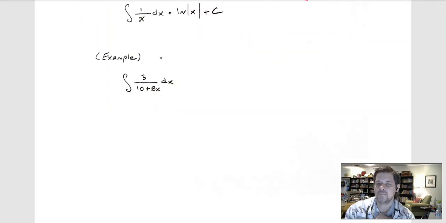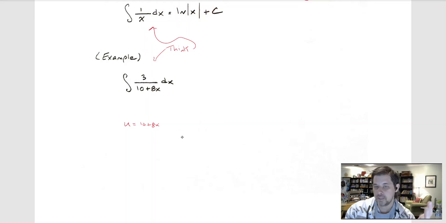So I'm going to think that this rule up here is the one that might work. In order for this to be simplified enough so that that rule applies, my substitution would need for u to be this thing there under the bar. So let's do u is equal to 10 plus 8x.